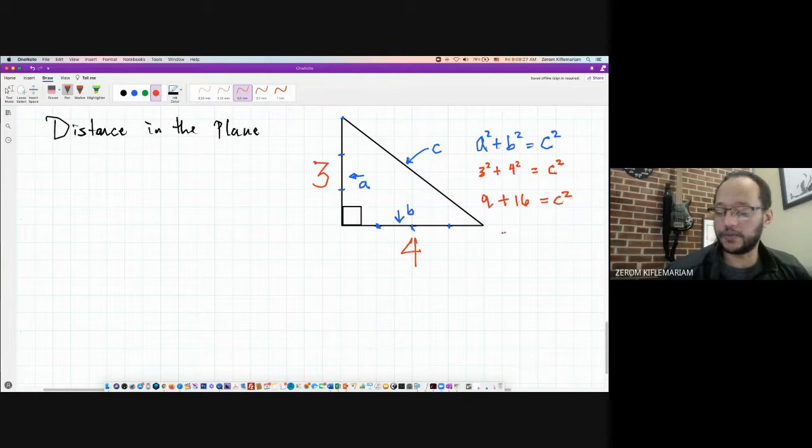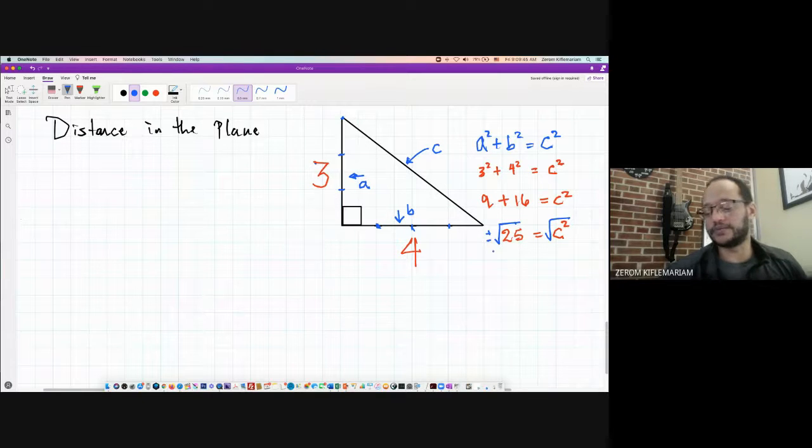9 plus 16 gives me 25 is equal to C squared, but we're not looking for C squared, I'm looking for C. How do I get rid of the square? I take the square root of that side and the square root of that side. Whenever we take the square root, we usually say plus or minus, but we'll cover that when we get to chapter 5 and the latter part of chapter 2.